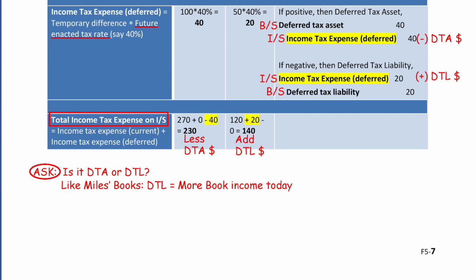And if you like Miles books, you know you need to allocate more time. And DTA equals more tax income today. So LMB, that is liability if it's more book income today. AMT, so it's an asset if it's more tax income today.